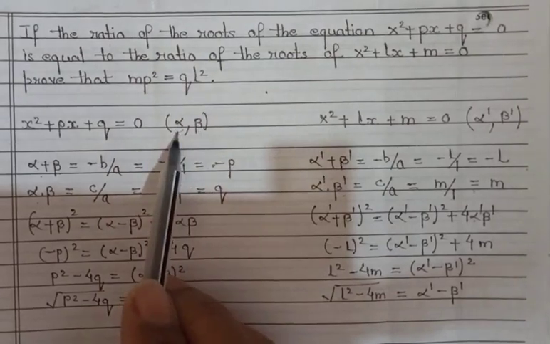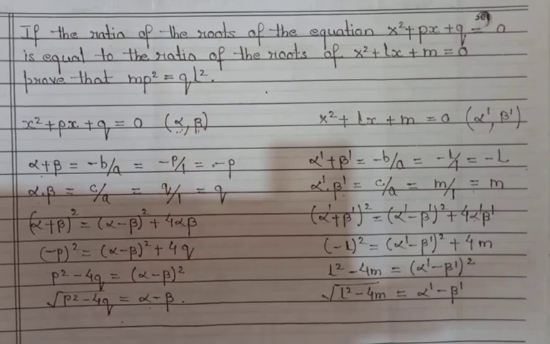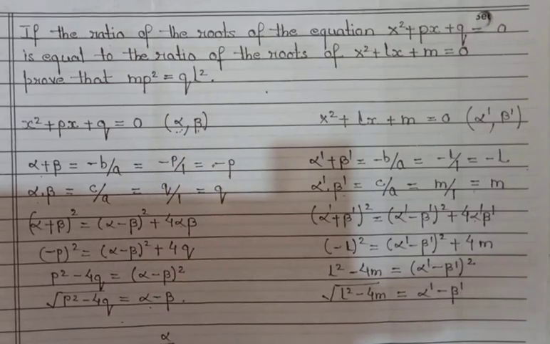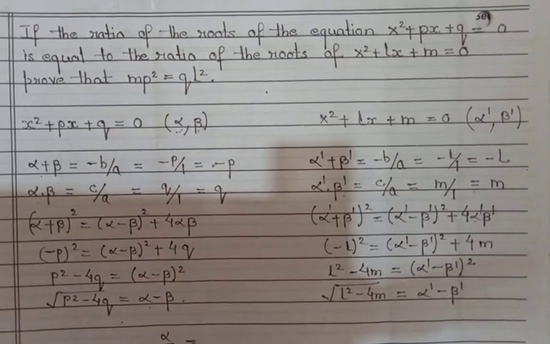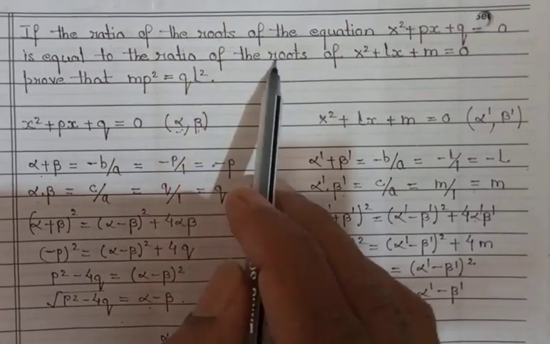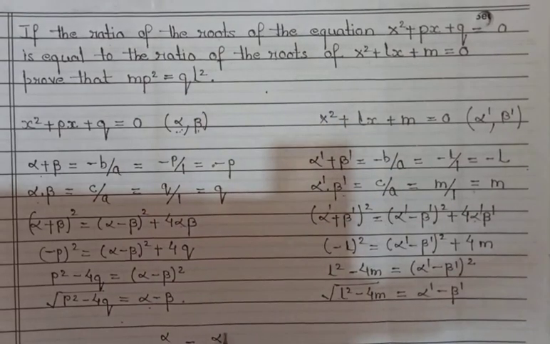So in the first equation, roots are alpha beta. So we will take the ratio of their roots, that is alpha by beta, is equal to the ratio of the roots of the second equation. So we will take the ratio of the roots of the second one.